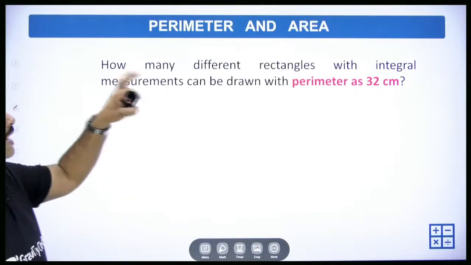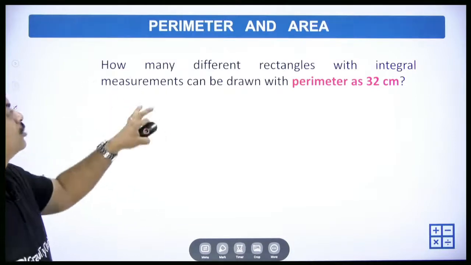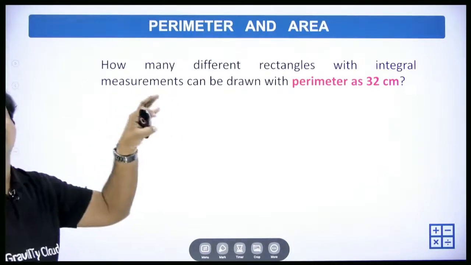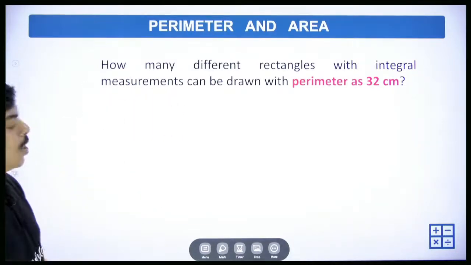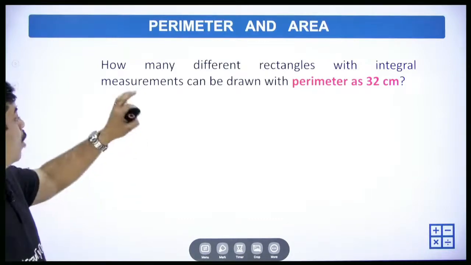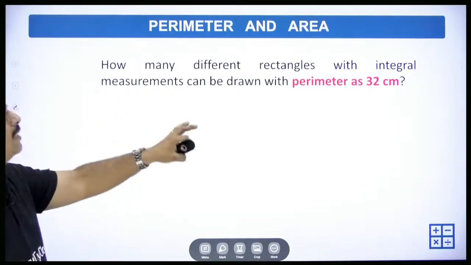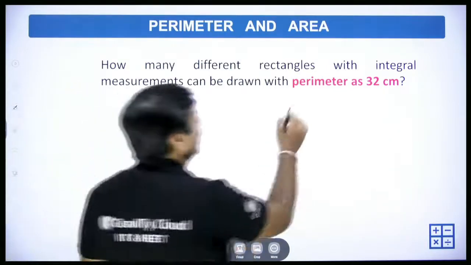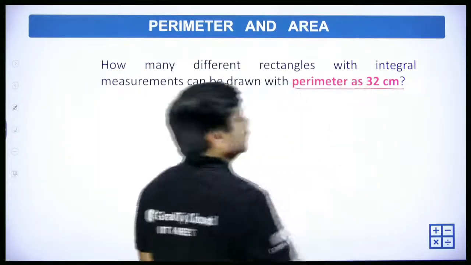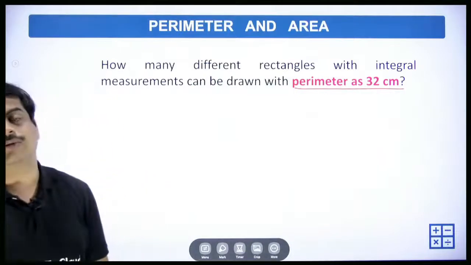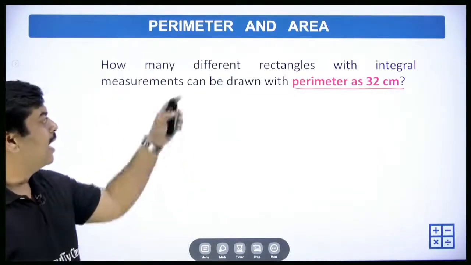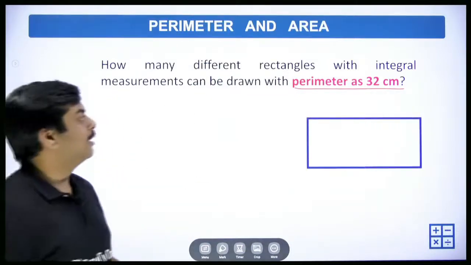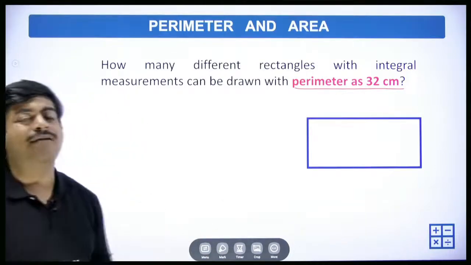How many different rectangles with integral measurements can be drawn with a perimeter of 32 centimeters? Let's take a rectangle. We are given the perimeter as 32, but we don't have the length and breadth.